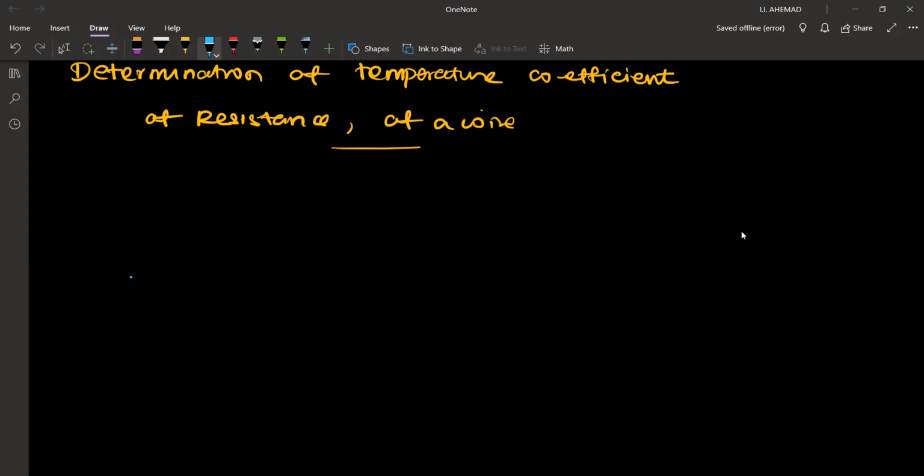So here we are going to use the meter bridge and resistance blocks to find out the temperature coefficient of resistance of a wire. So the experimental setup is like this. We have the meter bridge.